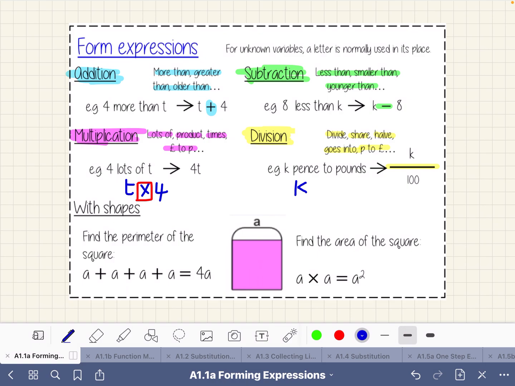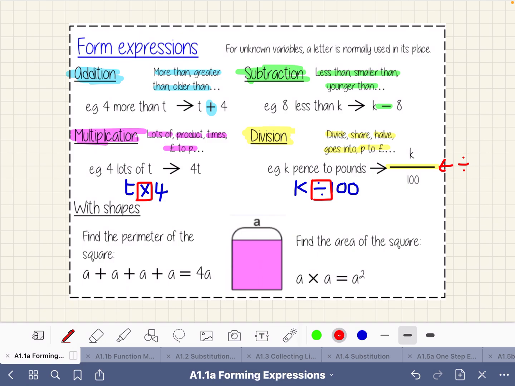Therefore, we look to see how many times 100 fits in to the number of pence that K represents. That means we take K and we divide it by 100 to see how many times it is represented in K pence. Again, this division sign isn't often written in algebra and instead is represented by this fraction line.